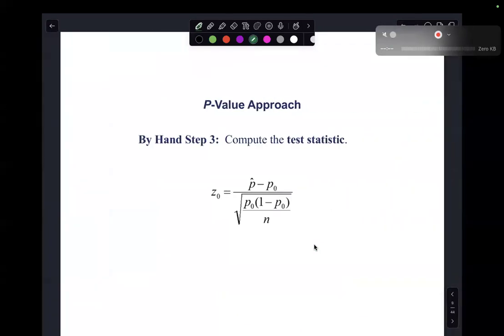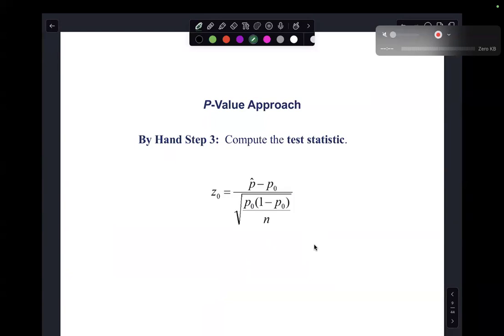P-value approach. We are just going to use the calculator function that I'm going to teach you. Because we are not going to use binomial, we're not going to use binom PDF or binom CDF, we are just going to use the calculator. The calculator will give you your p-value. If you want to use the p-value approach, just use the calculator. So let's just call it that.